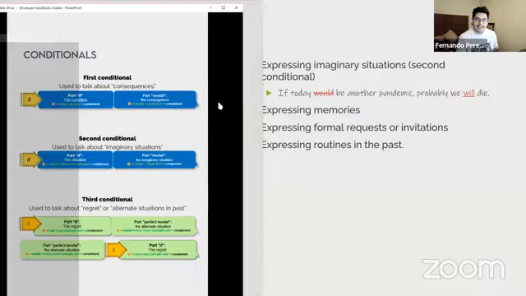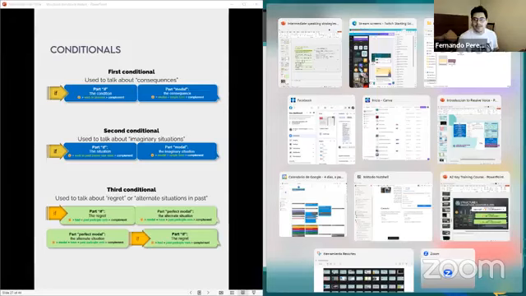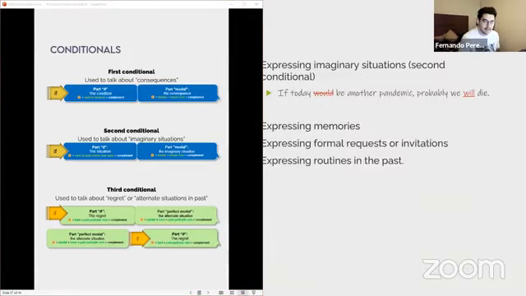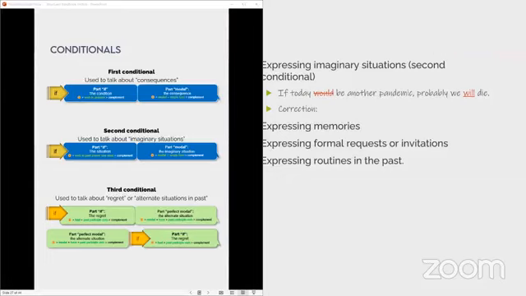So in this context, how do you correct this? "If today been..." or were?